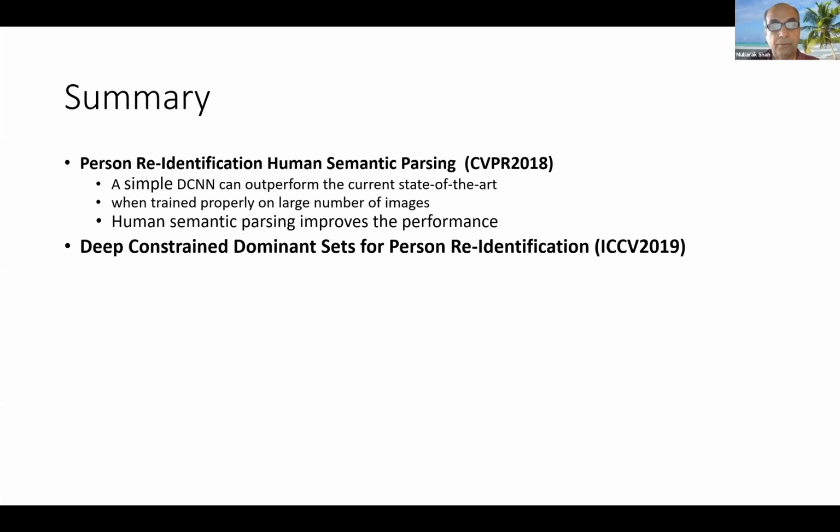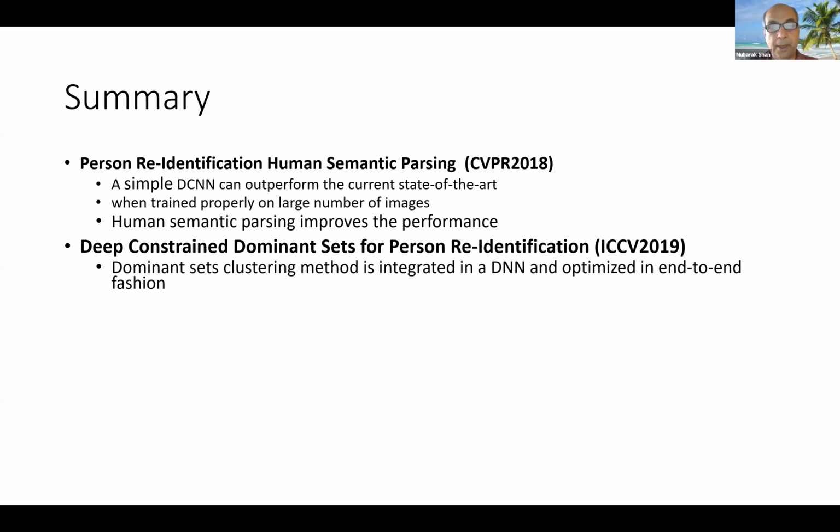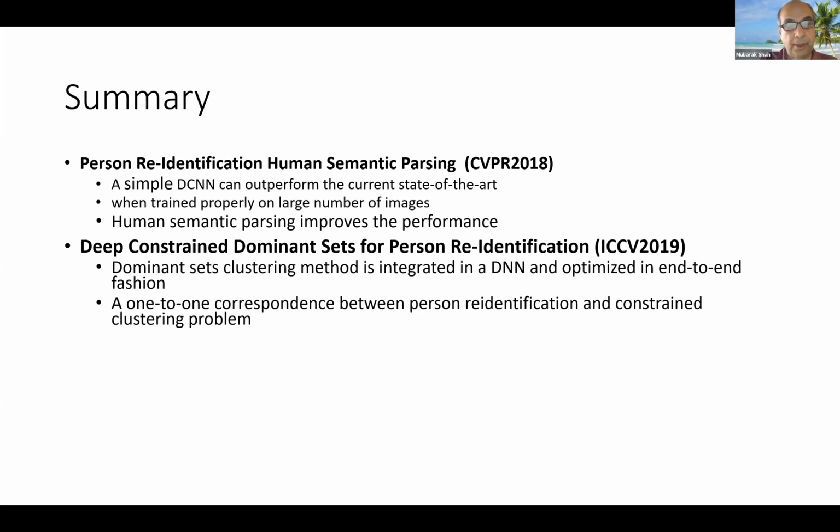But in this one, we apply diffusion-based clustering, where we use the query and other gallery images to learn better features, all of them, not just 2 or 3 like triplet loss or Siamese network. And then we did the clustering end to end, involved in learning the features so that they do better clustering. We have a one-to-one correspondence between person re-ID and the constrained clustering problem, and we got state-of-the-art results.